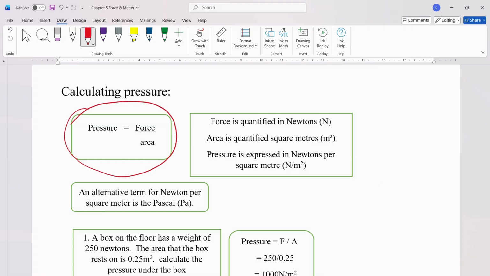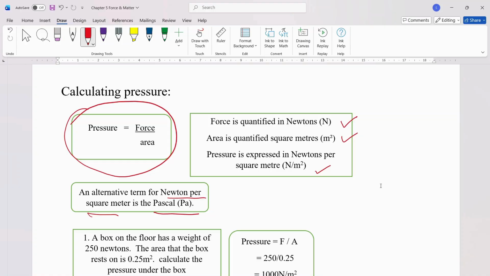Force is quantified in newtons, area in square meters, and pressure is expressed in newtons per square meter. The alternative for newton per square meter is pascal. So if you say pascal, you are saying newton per square meter.